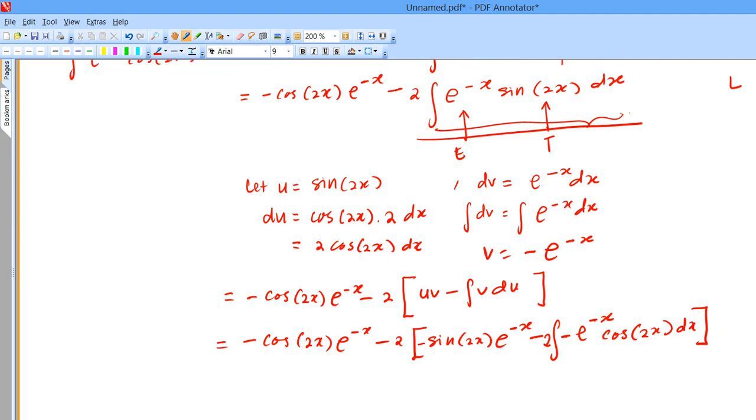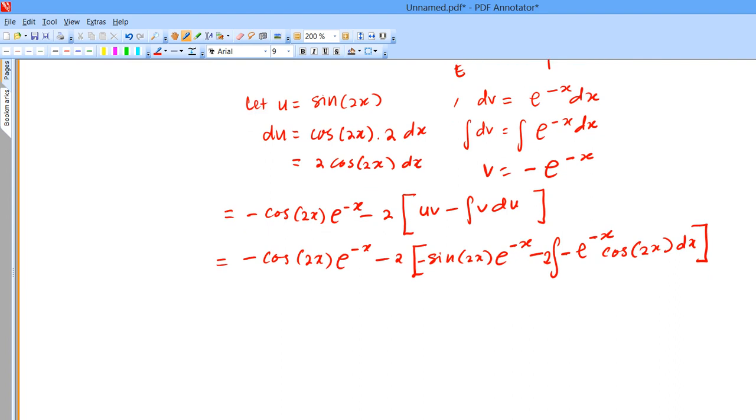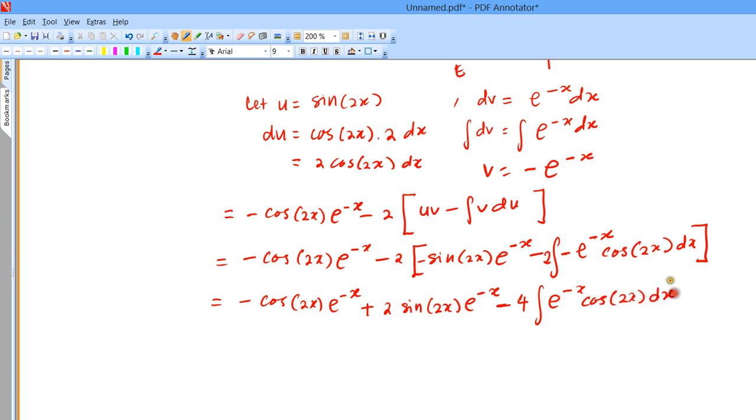Okay, if we simplify the plus minus signs, we will get negative cos 2x e to the power of negative x, and then negative 2 times negative sign equals positive, plus 2 sin 2x e to the power of negative x, and then negative 2 times negative 2, we get positive 4, and then times negative, so minus 4 integrate e to the power of negative x cos 2x dx.